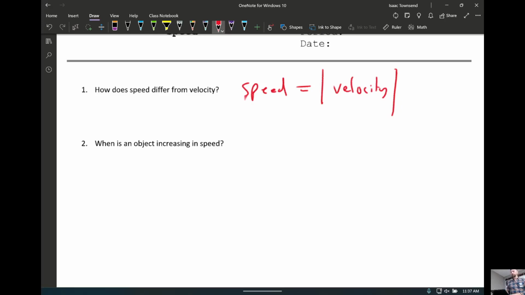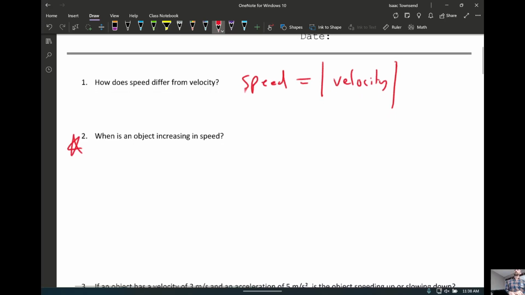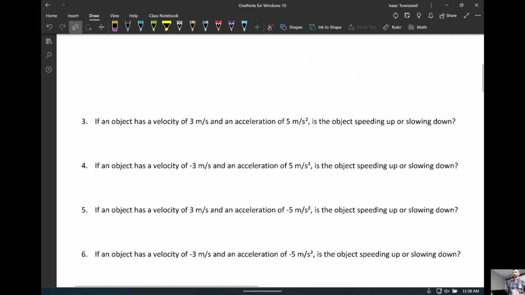But for an object to increase in speed, let's come back to this one after we do these couple of examples, after I summarize it. Speed and velocity, to me, is kind of like a physics topic, so I know some of you know this really well, but it's one of those things they do expect you to know for the AP exam too.